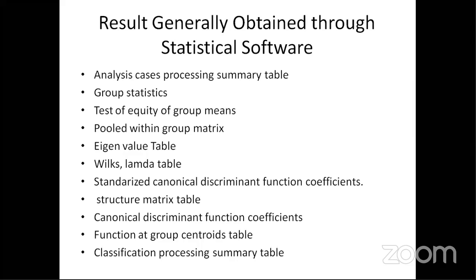The next table is the pooled within-group matrix. What does this tell? As I told you in the beginning, this is like multiple regression analysis, the only difference being that the form of the dependent variable is different. Other things are almost the same.